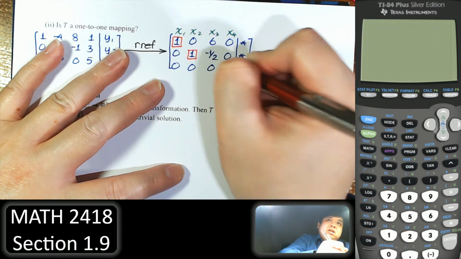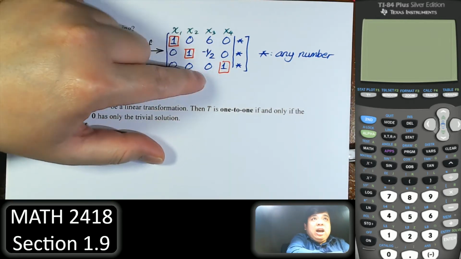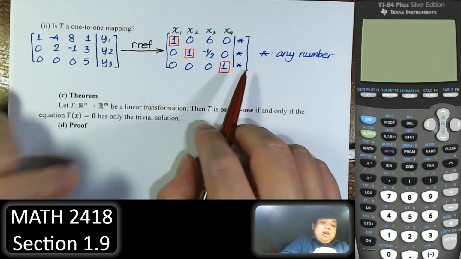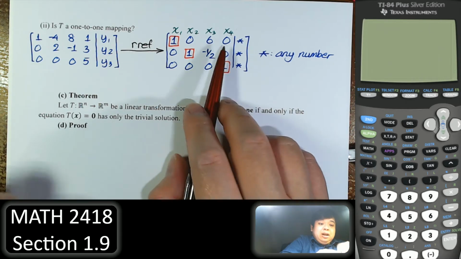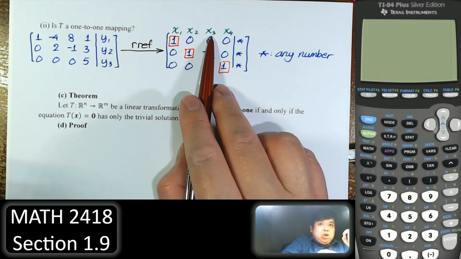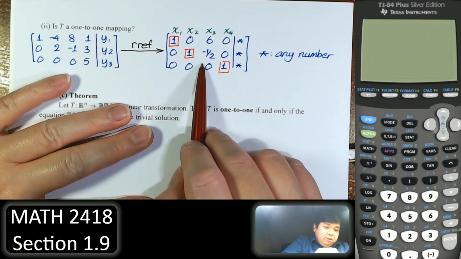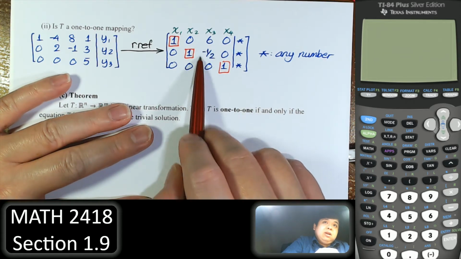Those are the pivots. We have x3 as a free variable, right? What happens when we have a free variable? By the way, this one once again is consistent. That means it has a solution, but that solution is not unique because of the free variable.